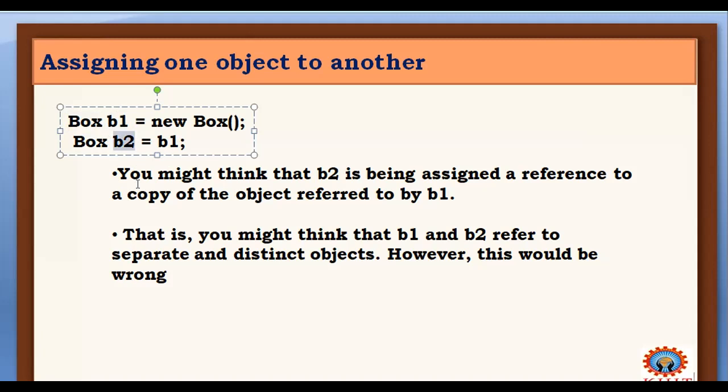See here, there are some points we have. You might think that B2 is being assigned a reference to a copy of the object referred to by B1. So what we think is that B1 and B2 refer to separate and distinct objects. We think B2 and B1 are two different variables.